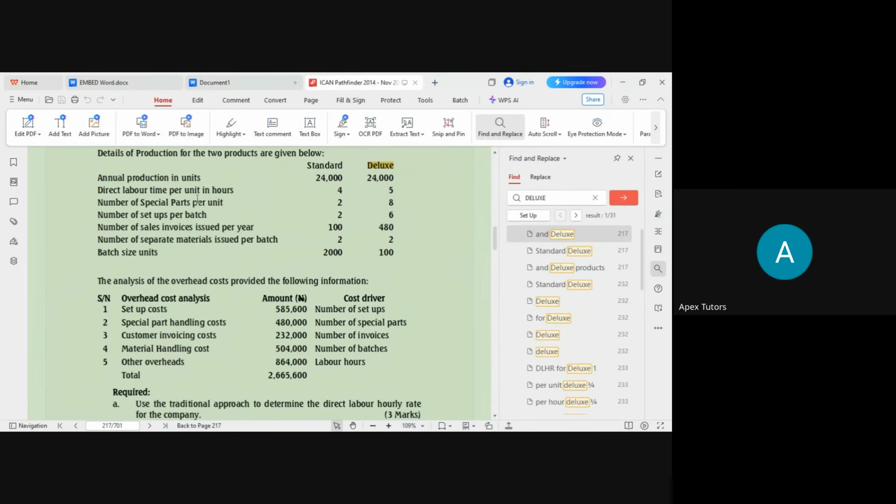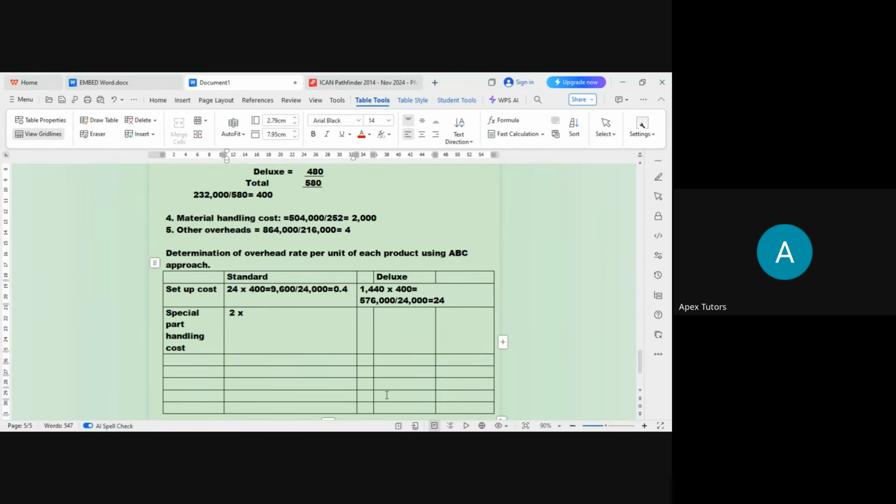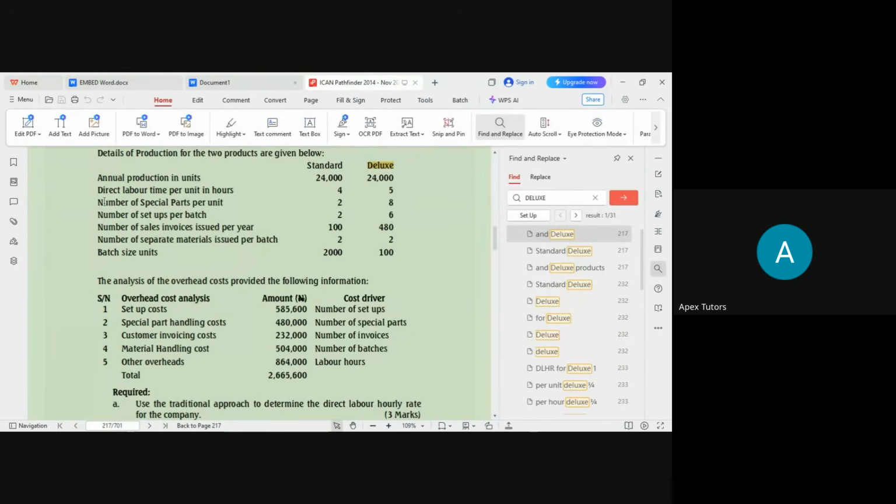So the number of special parts per unit is given as what? For standard, it is given as 2. For the loss, it is 8.